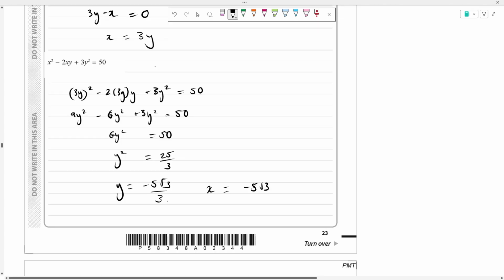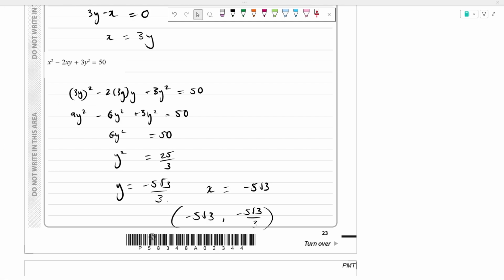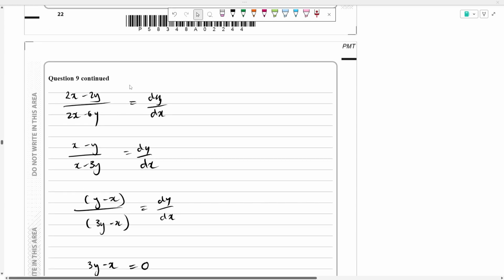And then the final coordinate is this. And that is your final answer.